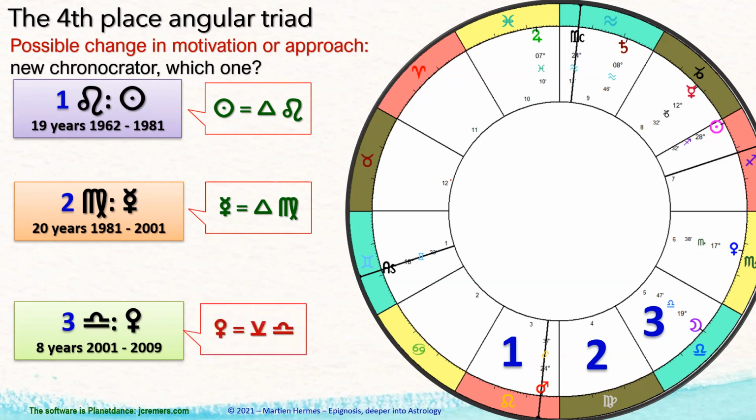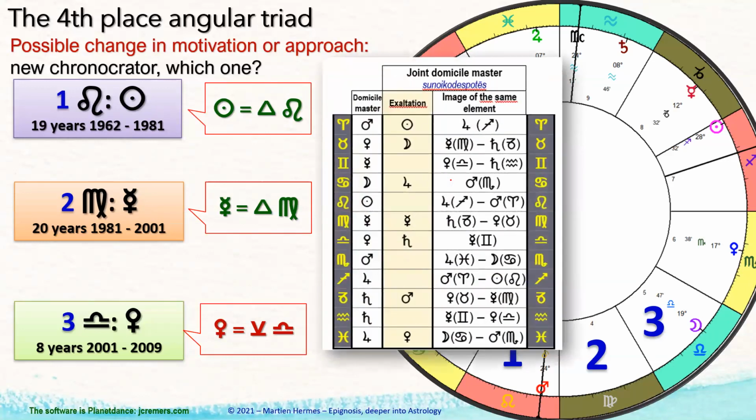And then in the third period, we should have gotten Venus as being the ruler of this period. And of course it is, but it's in aversion to its own image, the scales, Libra, so we have to look for a joint domicile master.